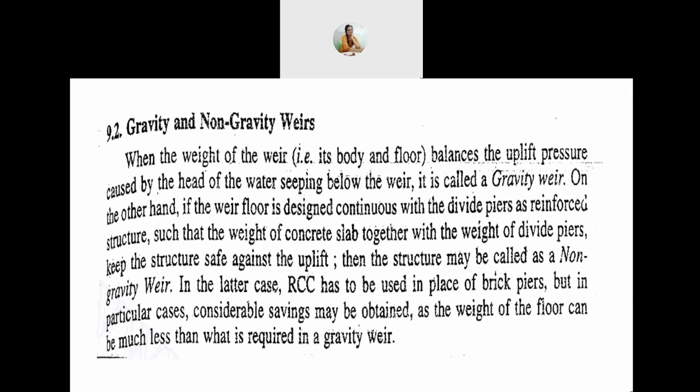In the latter case, RCC has to be used in place of brick piers, but in particular cases, considerable savings may be obtained as the weight of the floor can be much less than what is required in a gravity weir. So here is a picture of a gravity weir on the left, and on the right is the picture of a non-gravity weir.